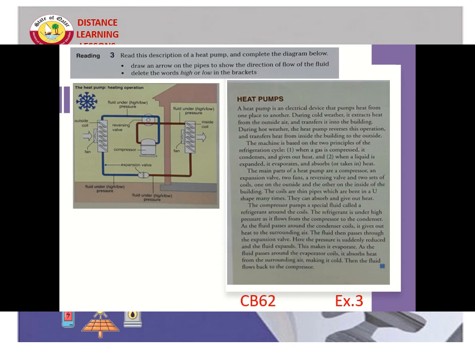Now, before we do the task, let's read the description of a heat pump. Now, pause the video and think about these two questions. What is the purpose of the heat pump? And what are the main parts of the heat pump? Think about these questions.